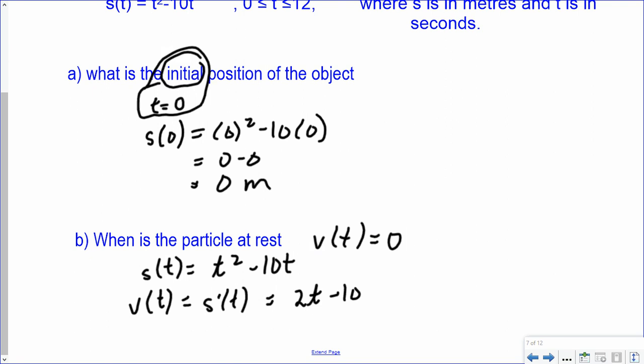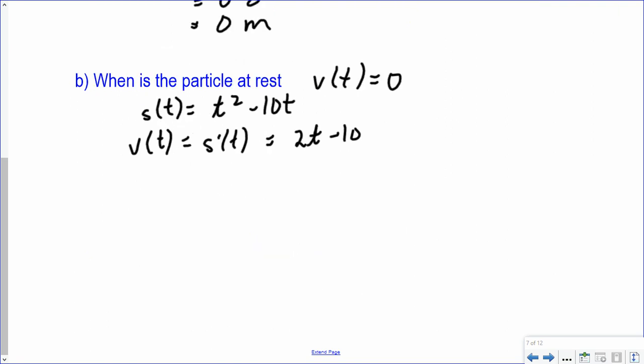So I've got 2t - 10 = 0. Solve for t, and that's seconds.